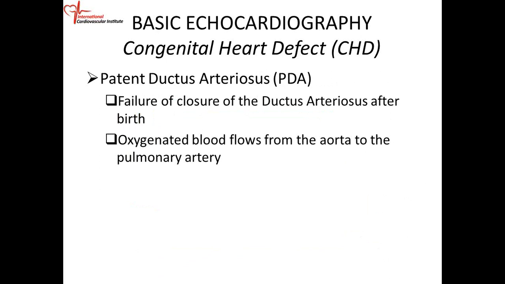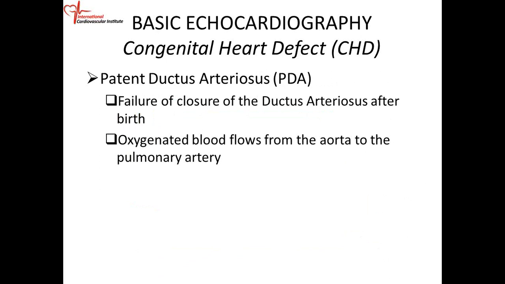Now we're going to look at PDA, patent ductus arteriosus. Remember, in utero, in fetal life, you have a ductus arteriosus, and it allows blood flow into the pulmonary circuit, because the lungs in the baby are not fully developed.